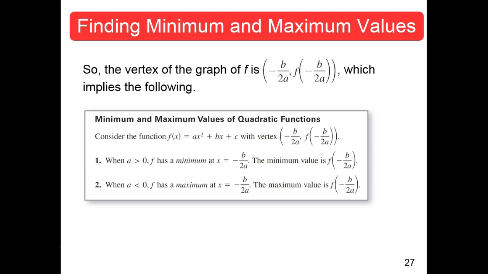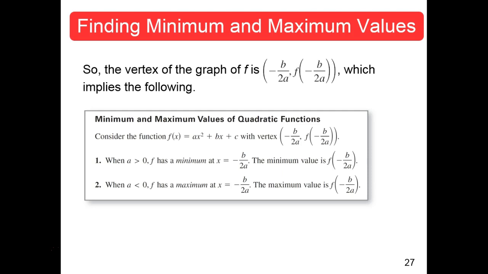So for the maximum and minimum values of quadratic functions, consider the function f of x equals ax squared plus bx plus c. Standard way they usually write it, but it's not in standard form. As soon as you see this, do minus b over 2a, you got the vertex. There's your h right there, without doing anything else, okay? And then plug that value of x in here, and that will give you your k, okay?